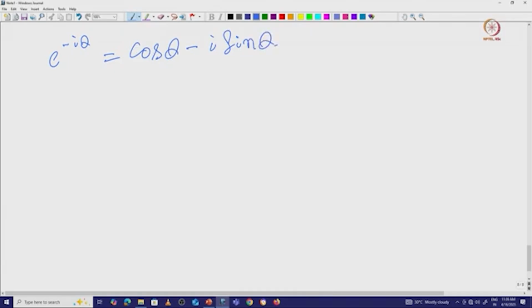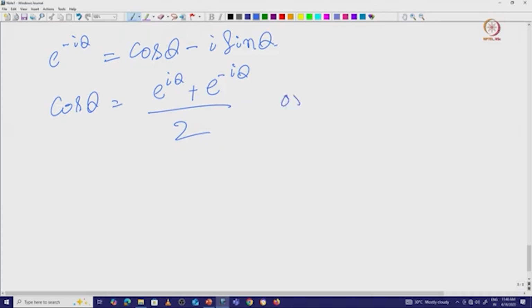Now this will really help us, because finally we just want to get the cos theta or sin theta values. How can we get them? If we want cos theta, we take e to the power I theta plus e to the power minus I theta, divided by 2.